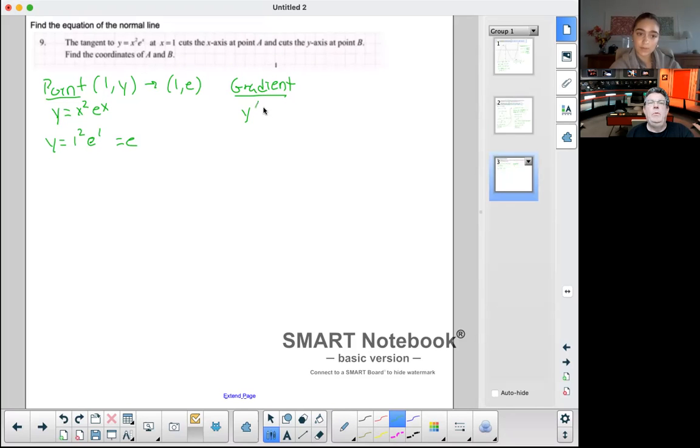So 2x times e to the x. For this, usually we hate e to the x because we hate e because we don't understand it, but we love it in calculus because the derivative of e to the x is e to the x. Oh, okay. So just e to the x.